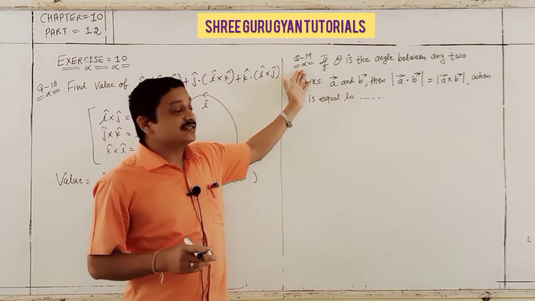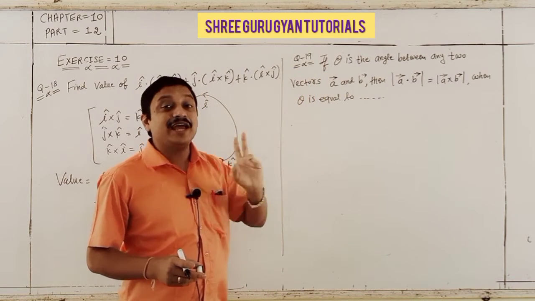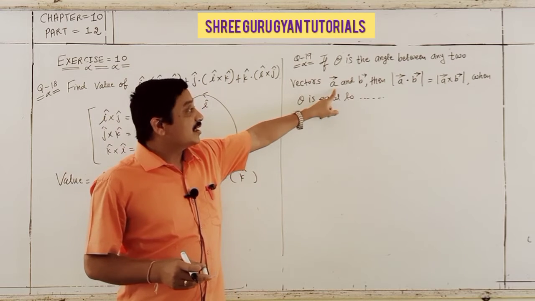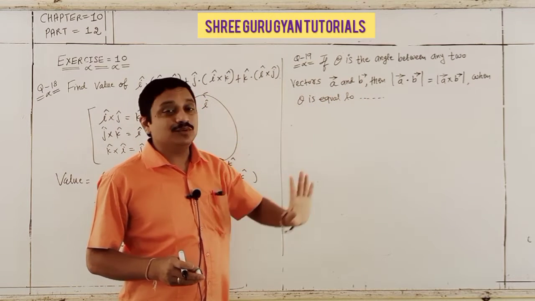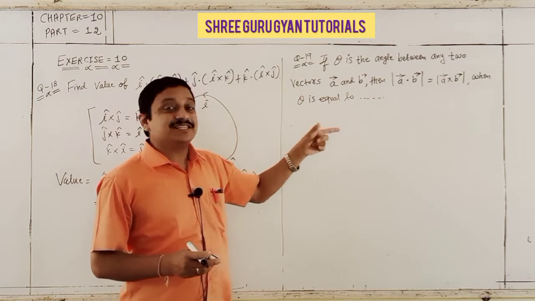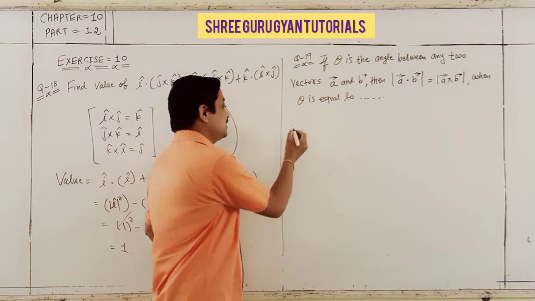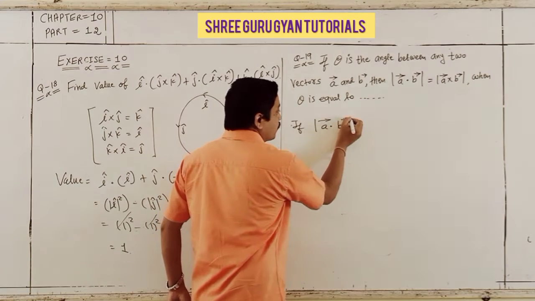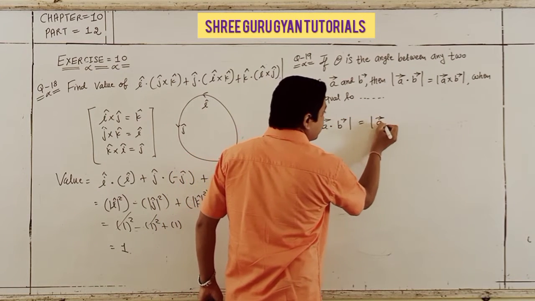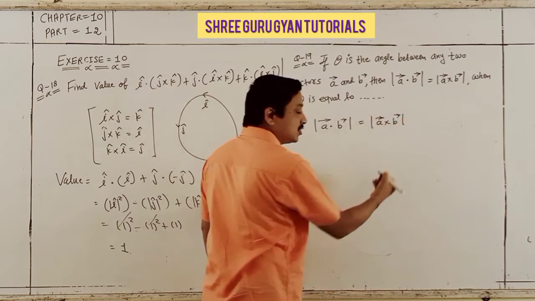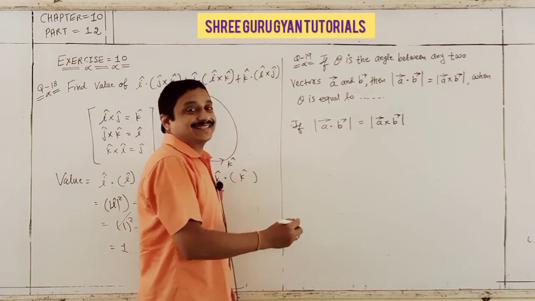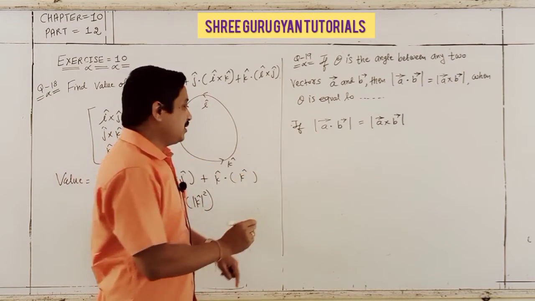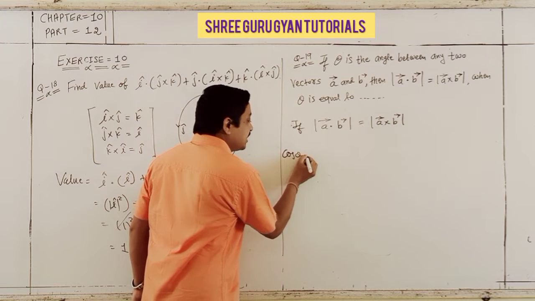Now 19. Theta is the angle between any two vectors A and B, where the magnitude of A dot B is equal to the magnitude of A cross B. Find theta. Very easy students. If the magnitude of A dot B is given equal to A cross B, so you know both formulas. Yes, A dot B actually comes from cos theta. Cos theta is what?